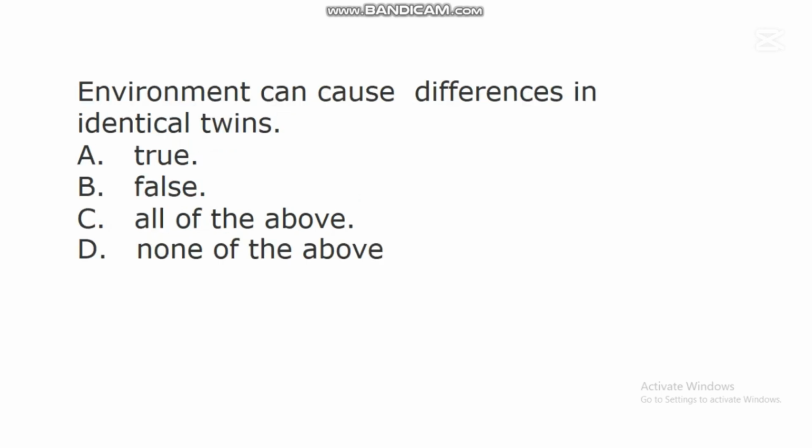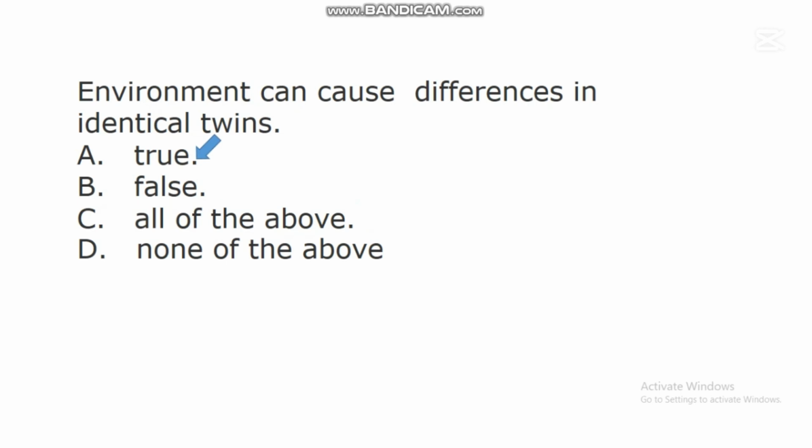The next question says, environment can cause differences in identical twins. A. True, B. False, C. All of the above, D. None of the above. In this question, the correct answer is A. True. So environment plays a great role in influencing identical twins.